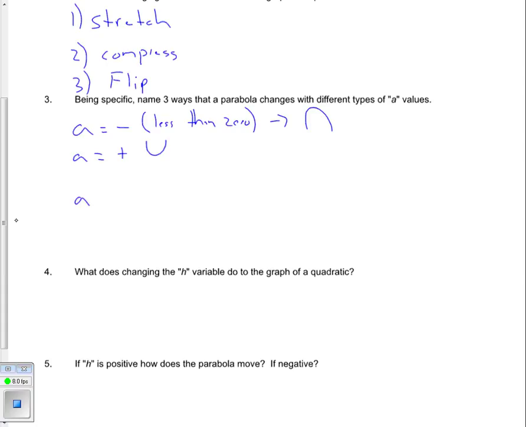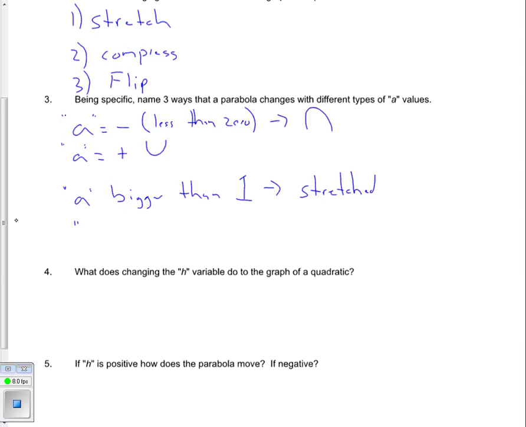If the a value, let's put quotation marks around them, if the a value is bigger than 1, then it's stretched. Okay, so it becomes tall and thin.